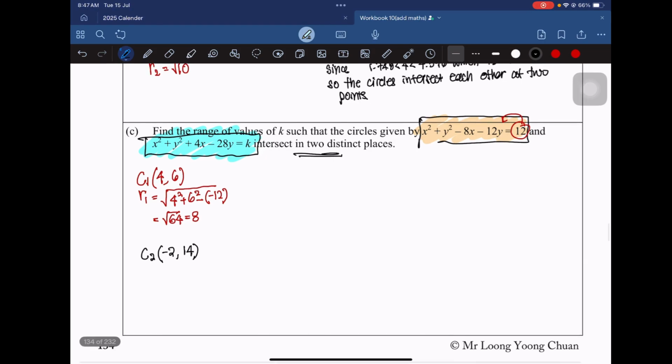And your R2 is equal to the square root of -2 square plus 14 square, minus k, because like I said, this minus k you bring over. So 4 plus 14 square is 200. So it's the square root of 200 plus k.